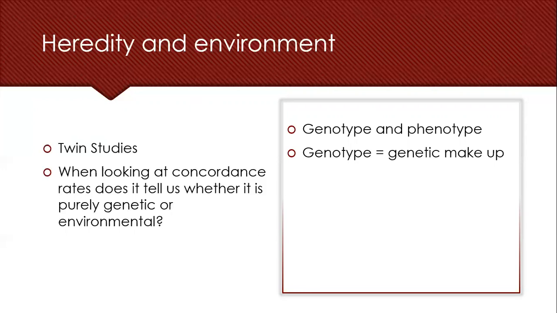There's nothing we can do to alter it. So the term describes a person's genetic makeup with all our hereditary information. The phenotype is the expression of a person's genes, so it's how they are expressed in the world around us.